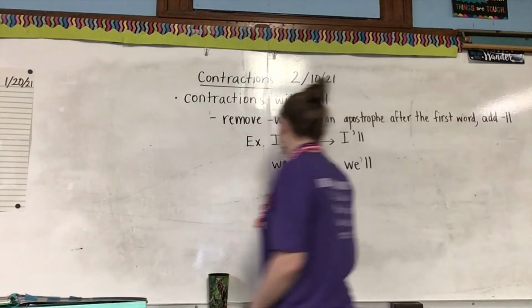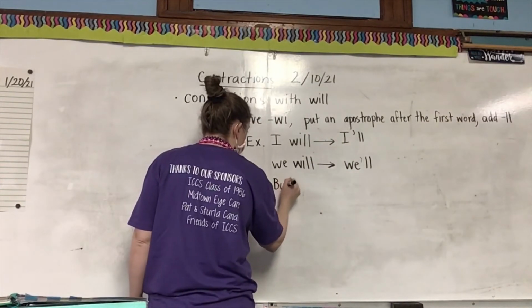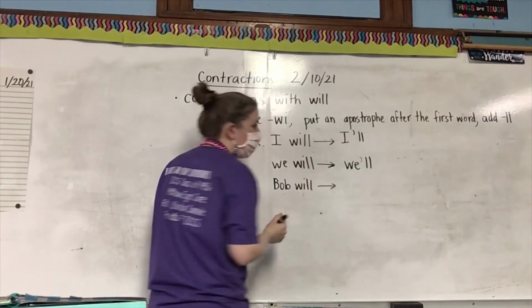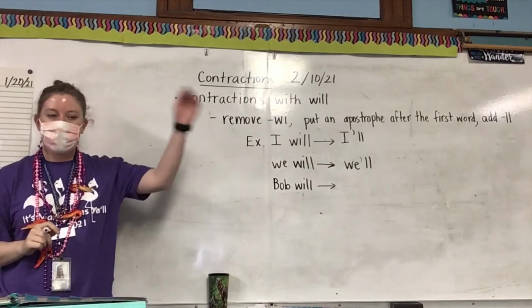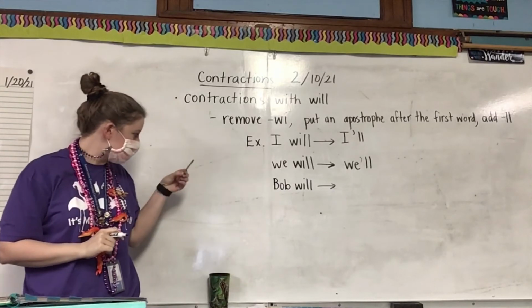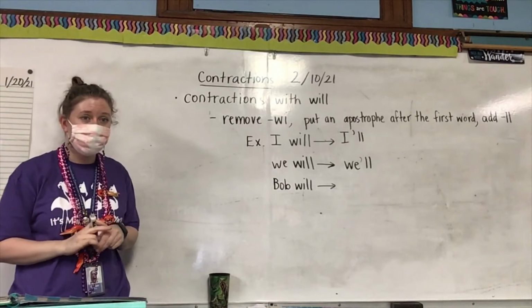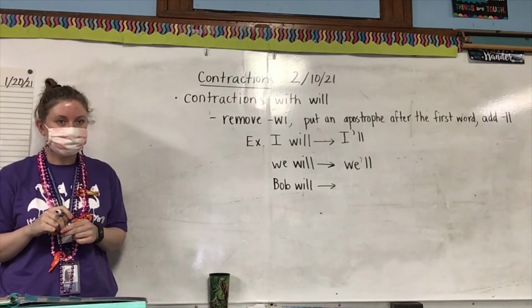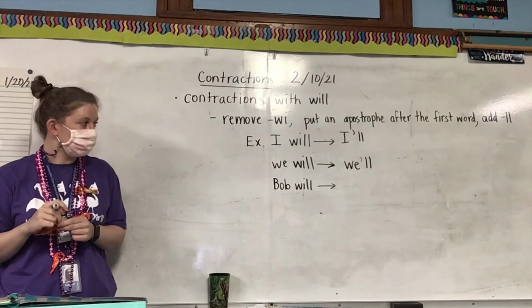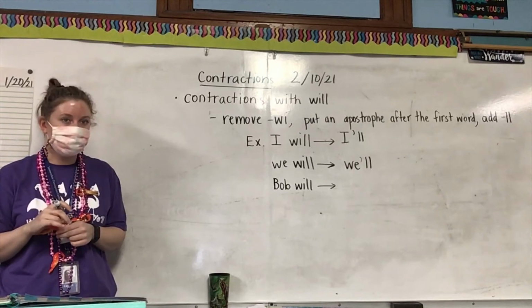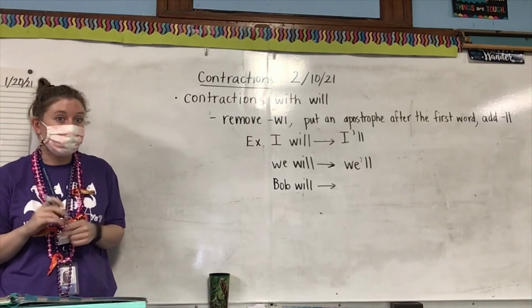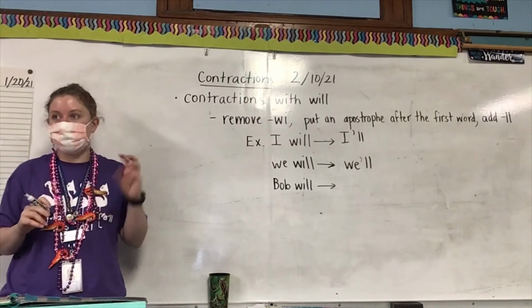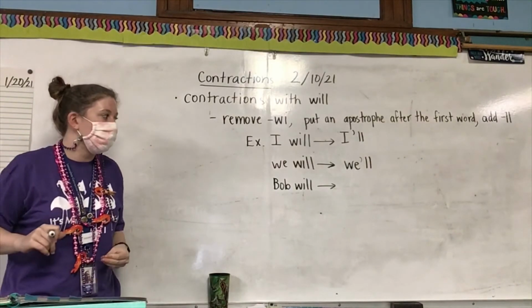One more example. Bob will. Bob will becomes Colin. Bobble. Not bauble, like B-A-U-B-L-E, a shiny little trinket. But how do we spell it?